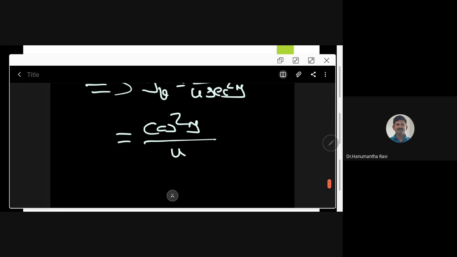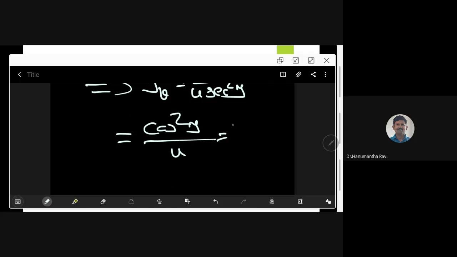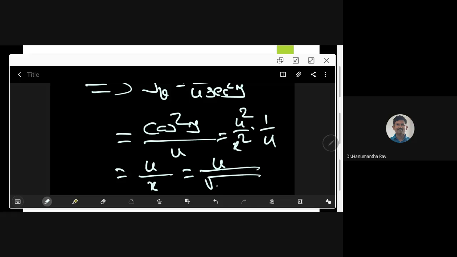So this is equal to u square by x square into 1 by u. So it is u by x, but we know that x is square root of u square plus v square. Sorry, here this square is there.